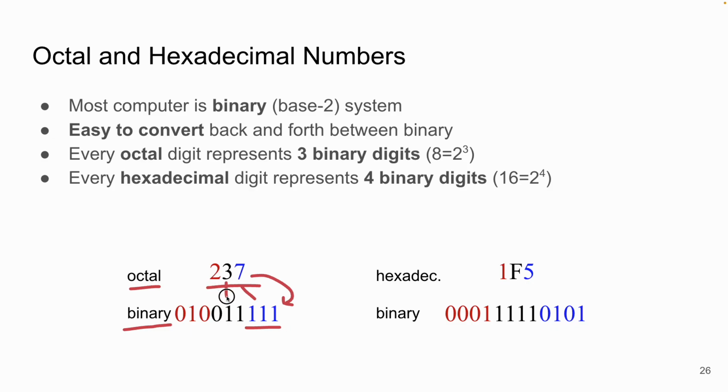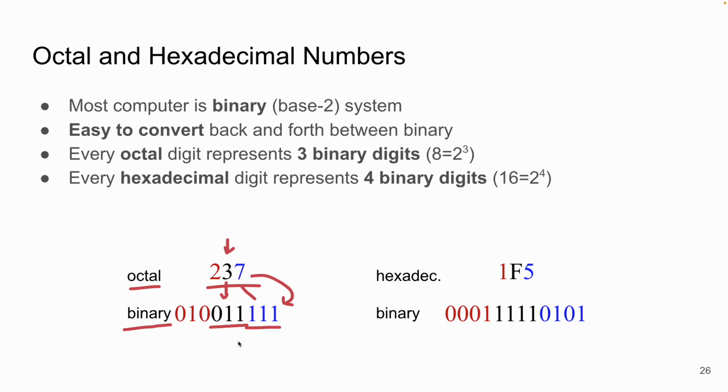Using the binary format to calculate 7, we just write down 111. And this is the same for 3. The middle digit in the octal number, 3, can expand into these 3 digits in the binary format. And the binary number of 3 is 0, 1, 1. I just assume that you already know how to calculate binary numbers.